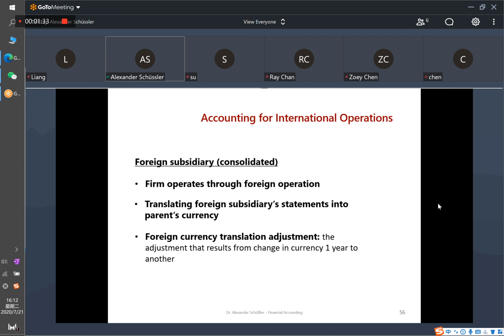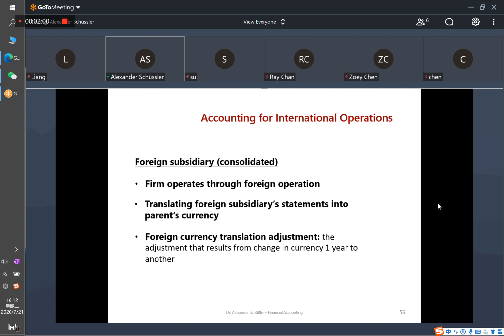If the subsidiary is based in a foreign country, you have to translate that. You have to take into account that you have a different currency, and this change in currency from one year to the other is called foreign currency translation adjustment.